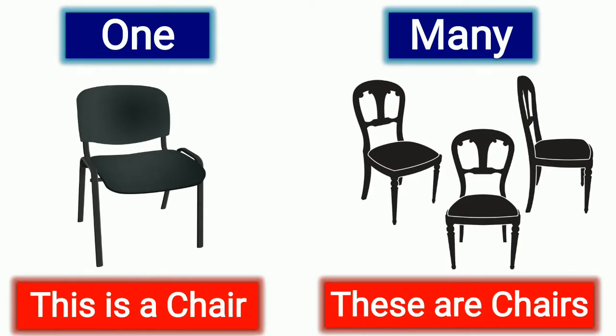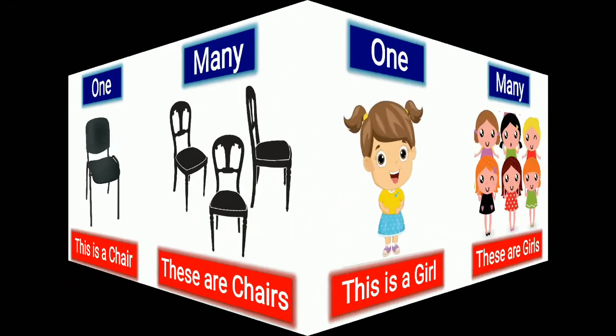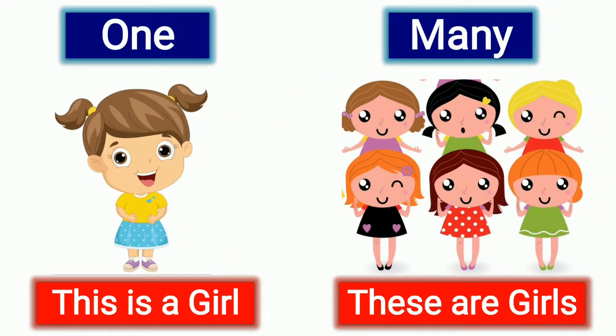Children, you can see on the left side there is one single chair, and on the right side you can see there are many chairs. So for one chair we will say this is a chair, and for many chairs we will say these are chairs. One girl, many girls. This is a girl.